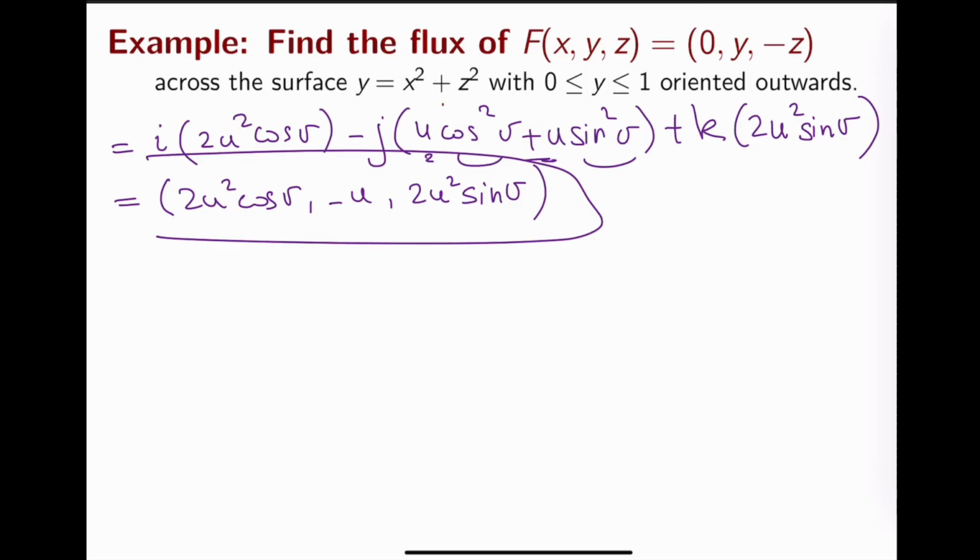So let's do then now the dot product. So the vector field evaluated at the parametrization we had calculated before was 0, u squared, minus u sine v. And now we need to do the dot product with this one that we just calculated.